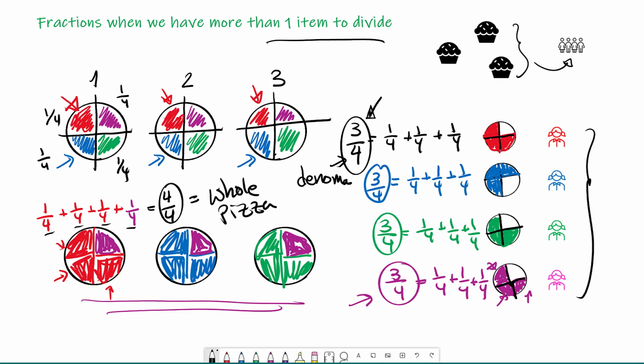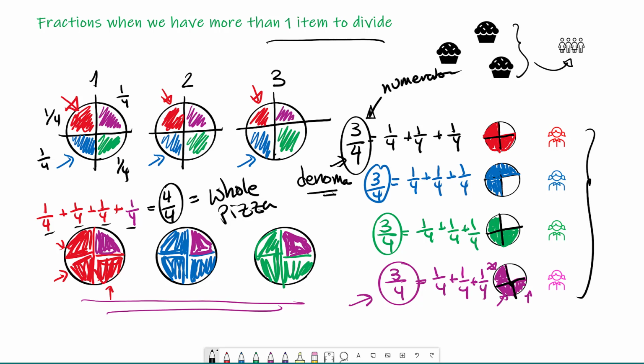So we have the denominator down here, while the numerator counts the number of fractions that we have, so the number of parts. While the denominator tells us something about the size of the parts, it tells us that we've divided the whole, in this case, into 4, but we've taken 3 of those fourths. And that's what this symbol means, and we'll review it again in the next video.